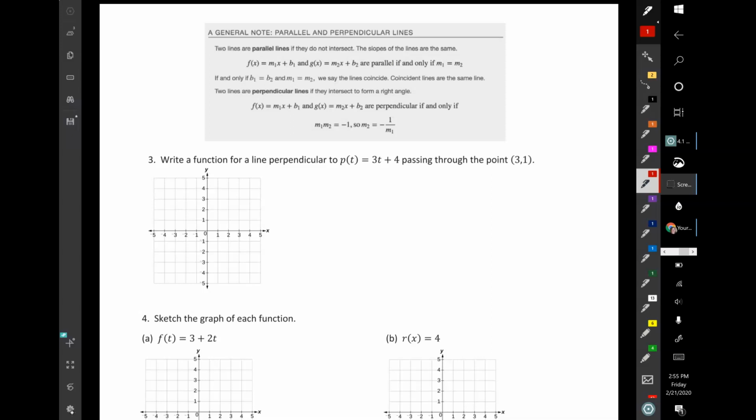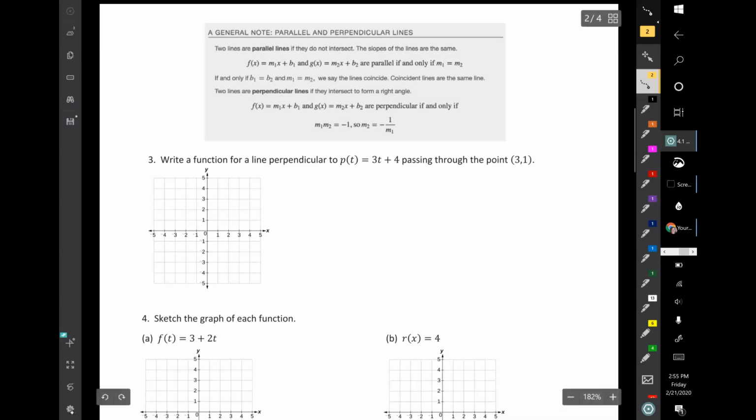They're the same line. Lines that are perpendicular will have the negative reciprocal as the slope. So the product of the slopes will be -1, or I could write it this way: m sub 2 equals -1 over m sub 1. So however you like to think of that.